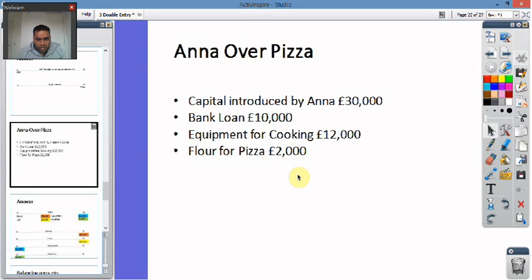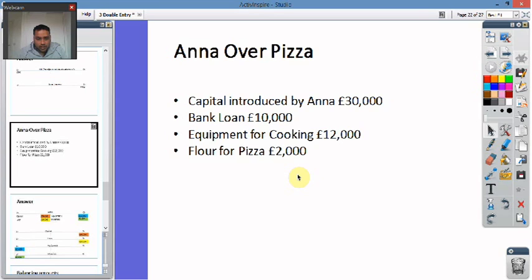Cooking equipment would increase the equipment account, so it would debit the asset of equipment for £12,000, and the bank would be credited with £12,000.